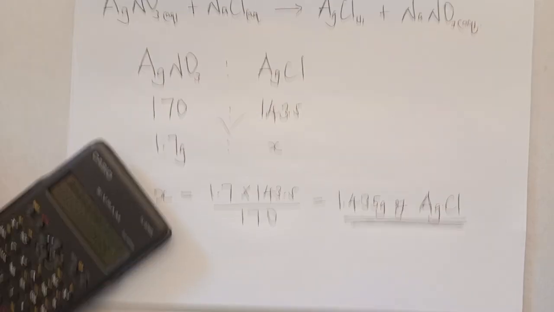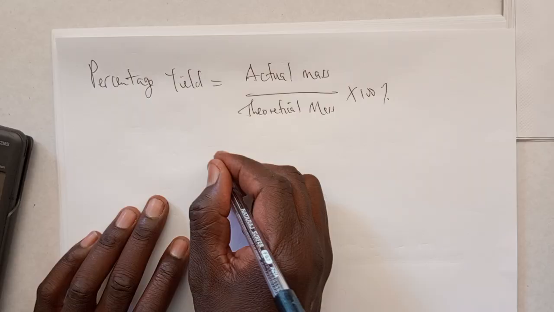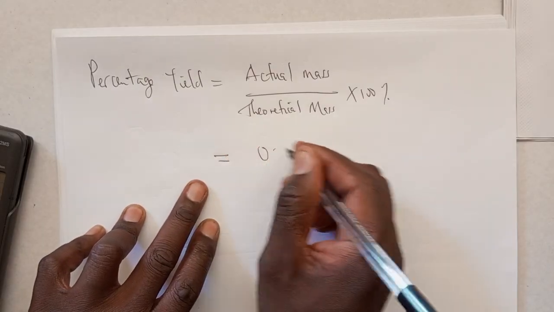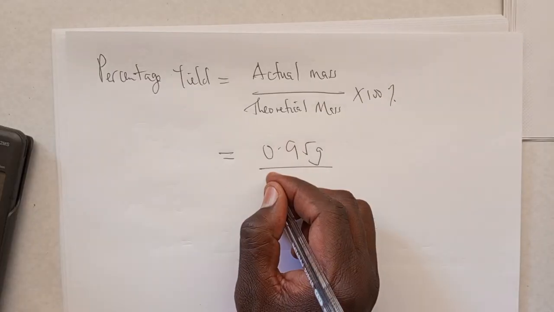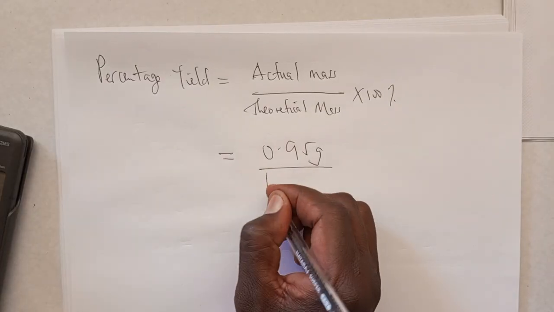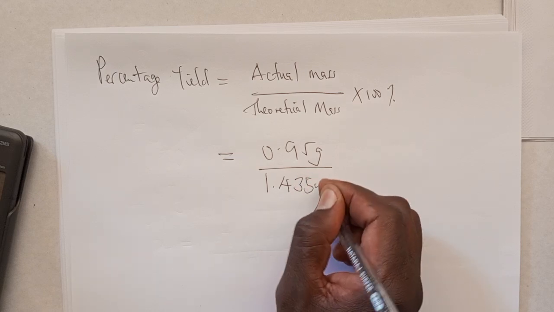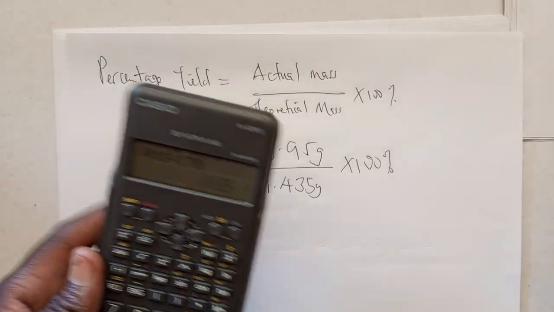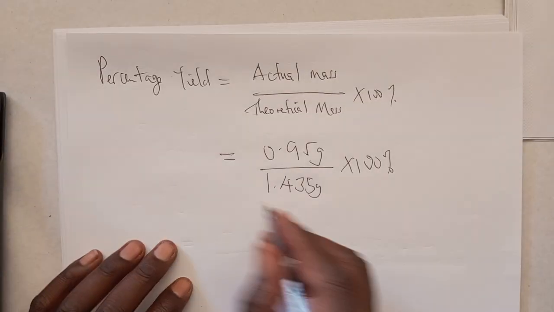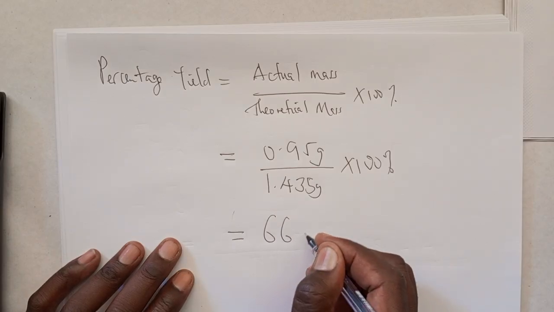So the percentage yield is the actual yield over the theoretical yield, multiplied by 100%. When you do the math, we get 66.2%.